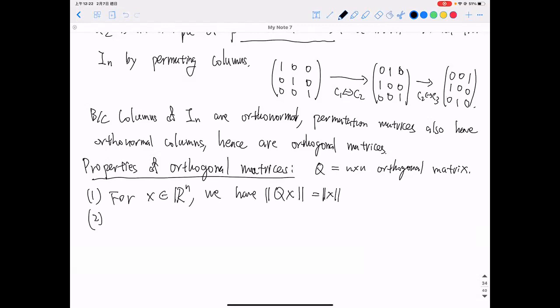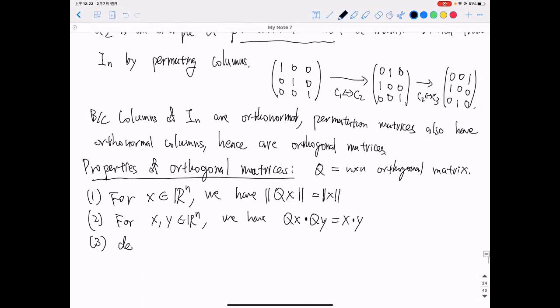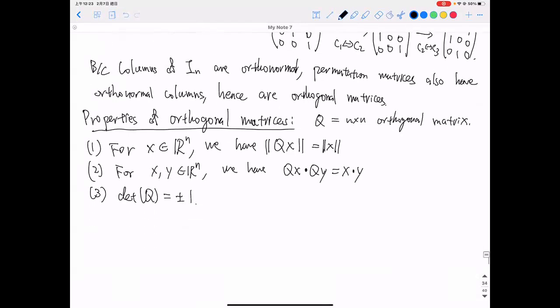Two, for x and y both in Rn, we have Qx dot Qy equal to x dot y. And three, the determinant of Q is plus or minus 1.